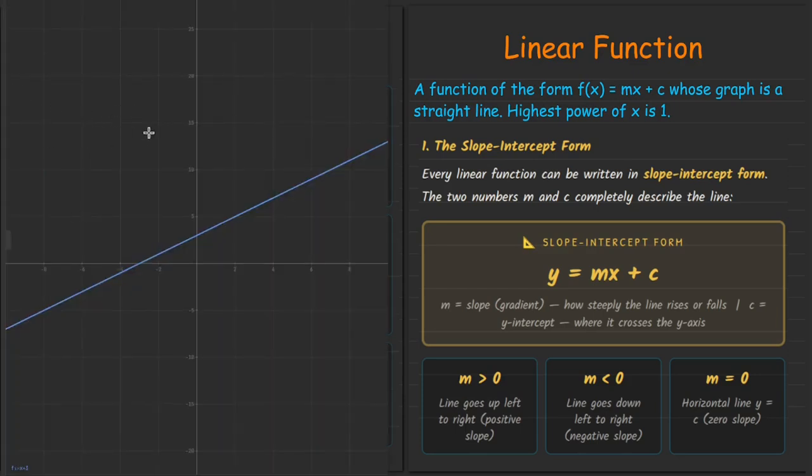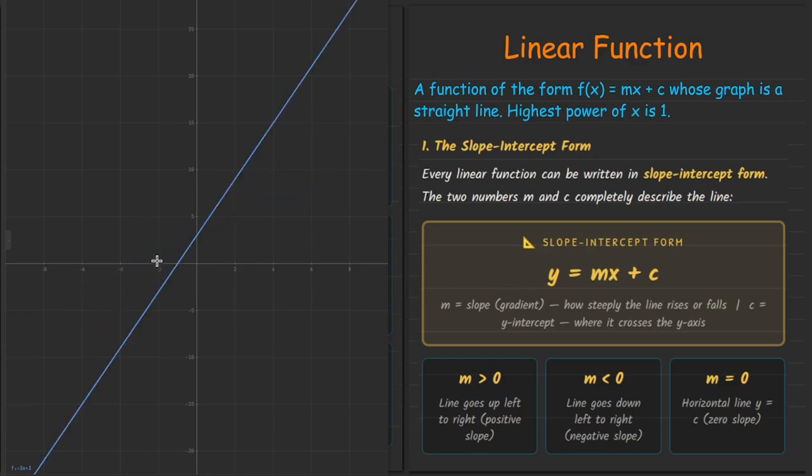To illustrate that, let's look at this line over here. This function that has been graphed is x plus 3. From x plus 3, I'm now going to increase the coefficient of x to be 2. If I make it 2, you see how the steepness changes.